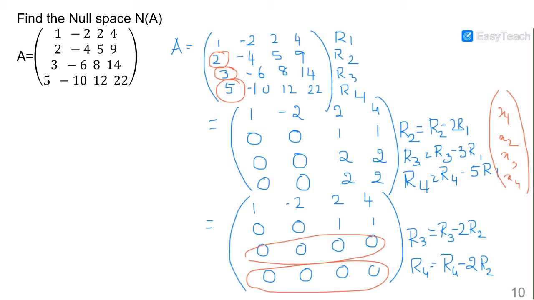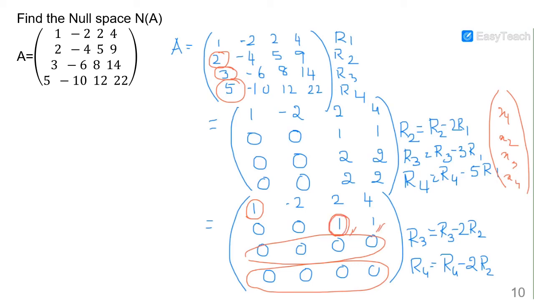We have here two pivotal elements, one here, the second one here. Either I can choose this or I can choose this. I have chosen this.